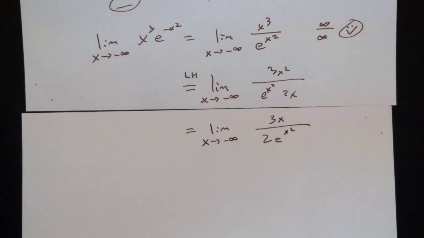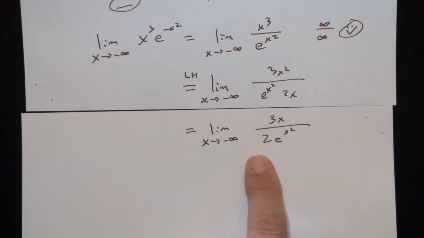So now we try and evaluate this limit. As x goes to minus infinity, what happens to 3x? It's blowing up being negative. This, on the other hand, is e to the positive thing, because it's still x squared.